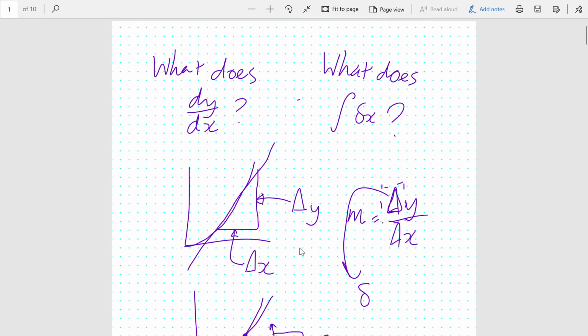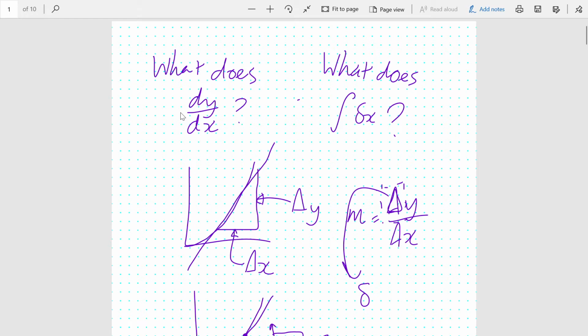So hopefully I was able to make this notation for dy over dx and this symbol dx clearer for you guys. So to recap, dy over dx, the lowercase d was the way of naming an extremely small change in some variable.